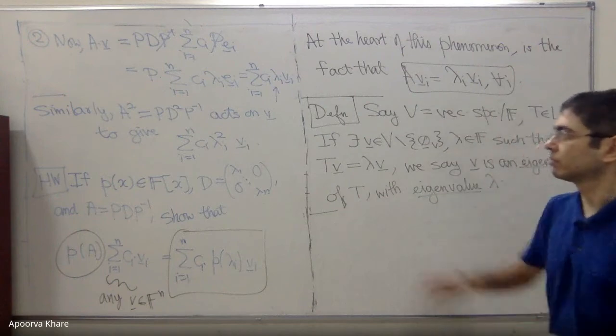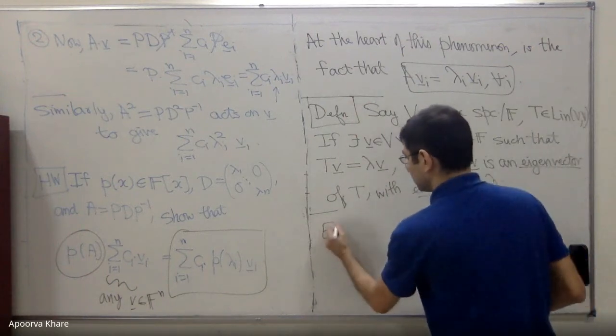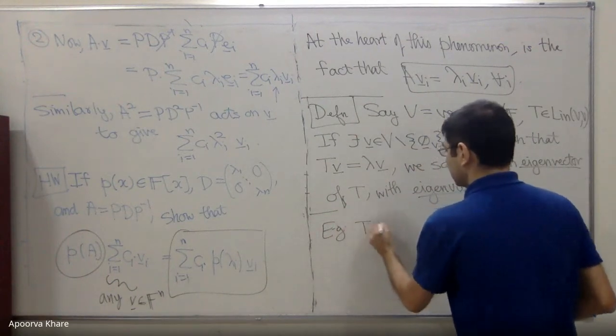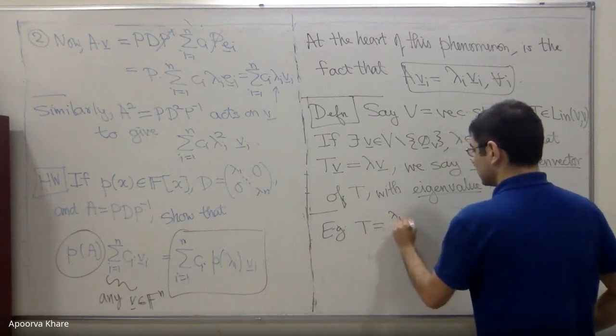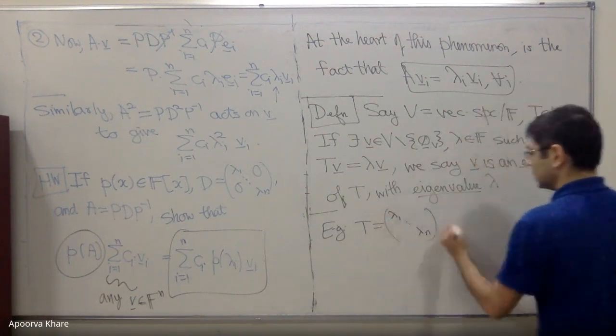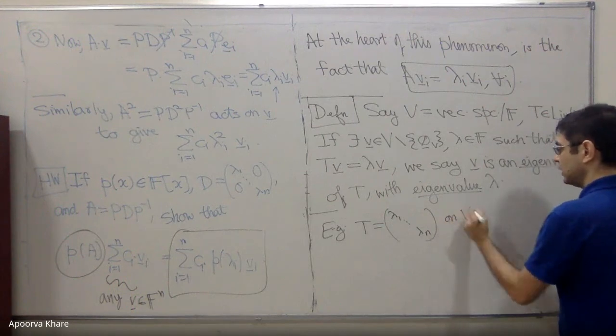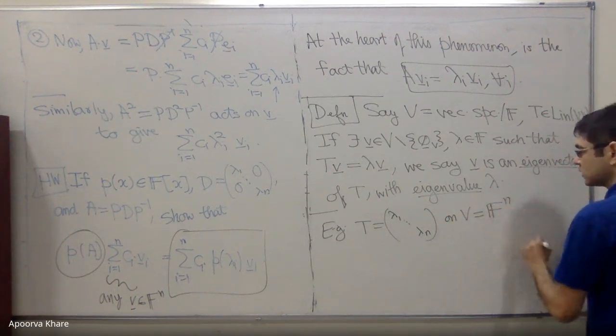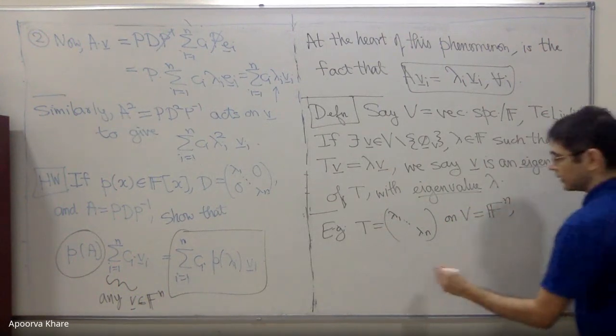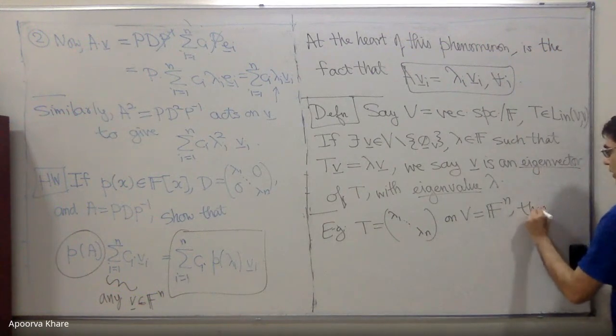Okay, so examples as we saw. T equals the diagonal matrix on V, which is F^n with the standard basis. Then we know, right?